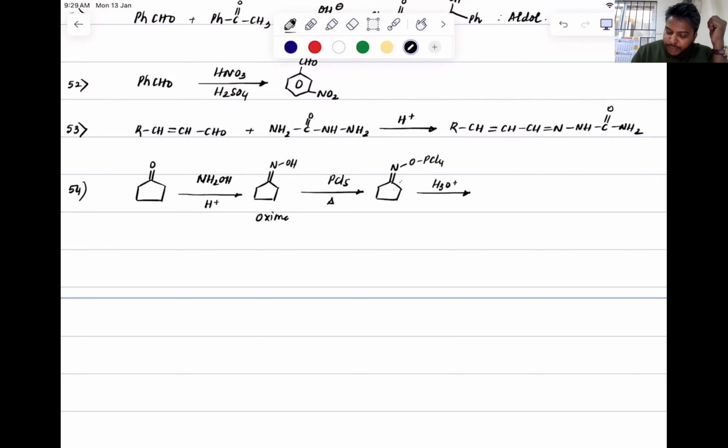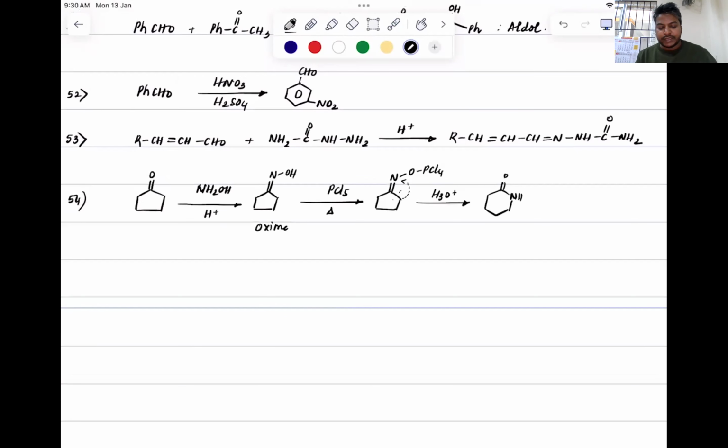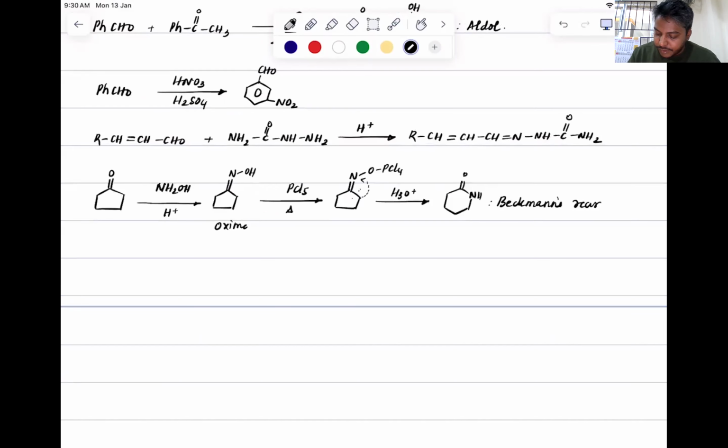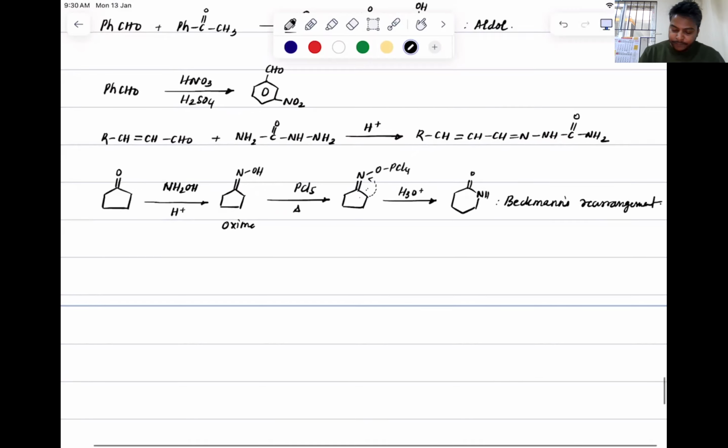The bond will break here and it will rearrange onto this side, making it a six-membered ring in H like this. So an amide is formed. This is a six-membered ring formation. What do you call this? Beckmann's rearrangement. Correct.